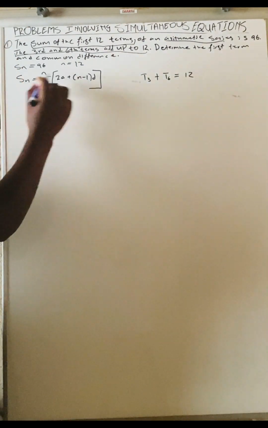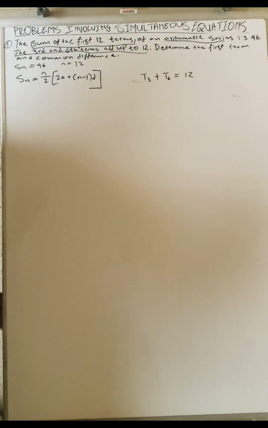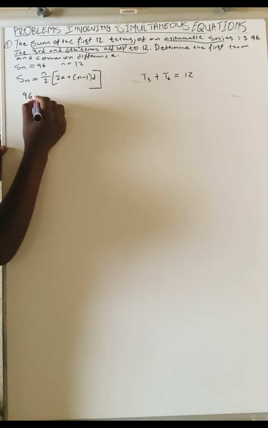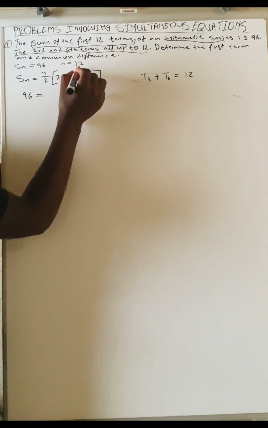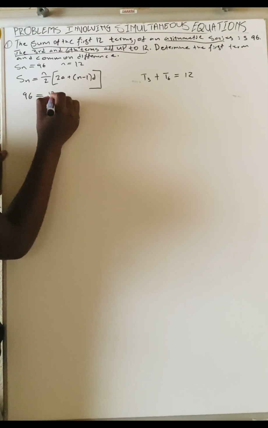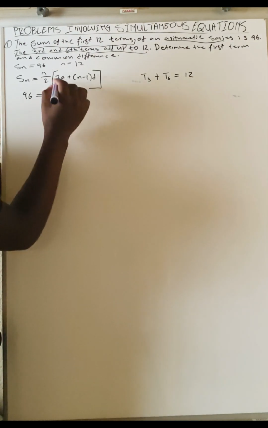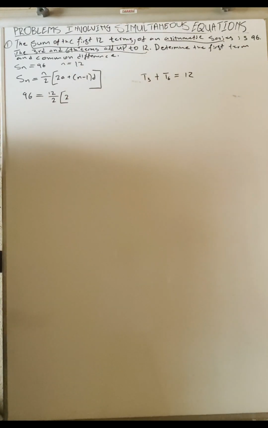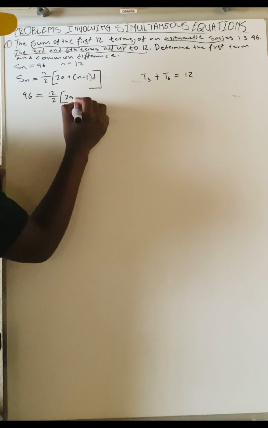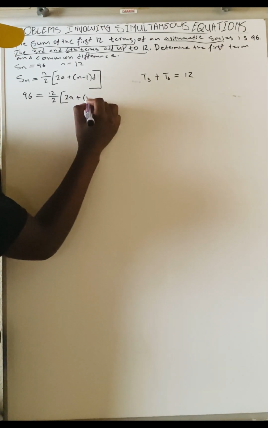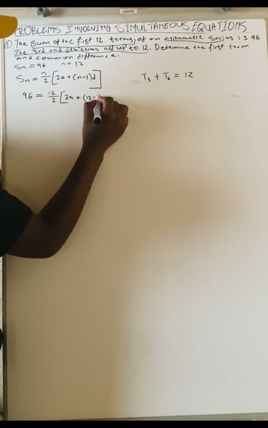Then from this formula, we substitute what we have. Sn is 96. Substitute we are 96. What about n? It is 12. We substitute 12 over 2. Then what is your a? You don't know a. You just write a plus, your n again is 12, 12 minus 1 multiplied by d.